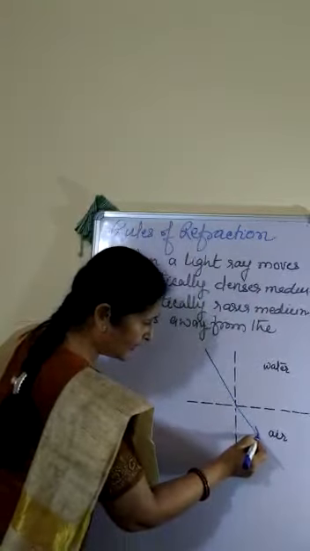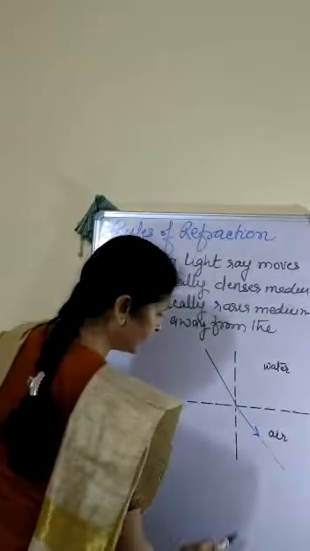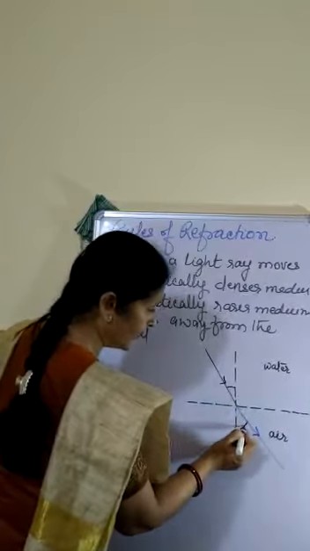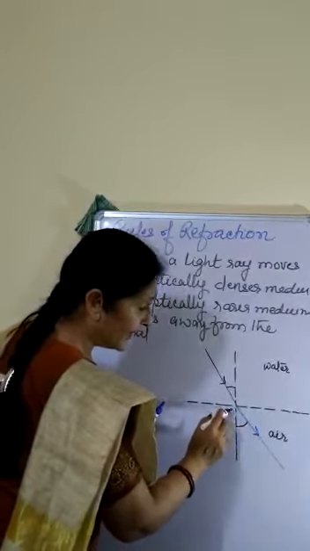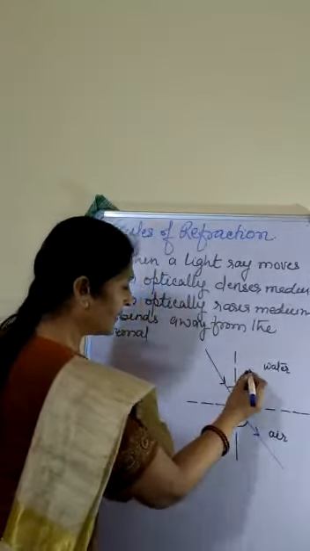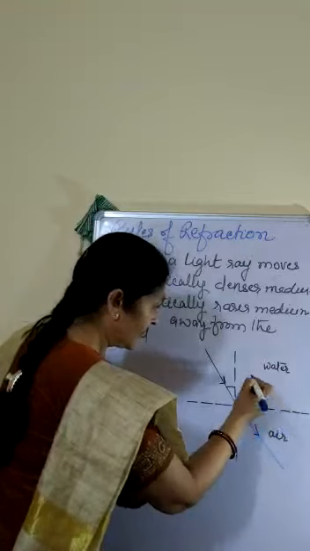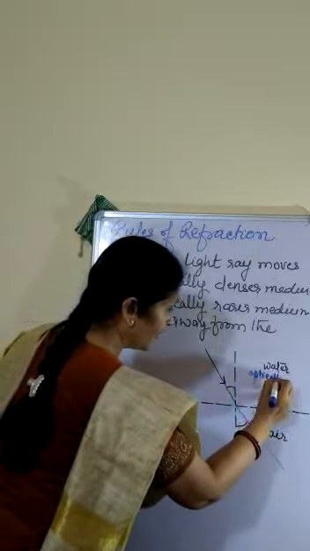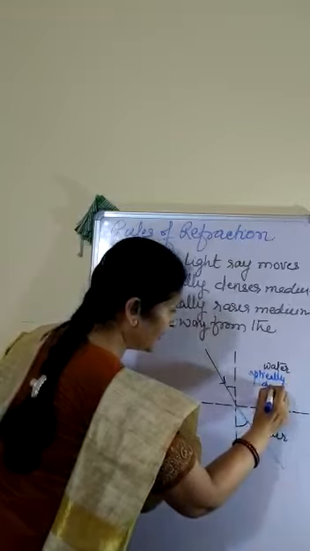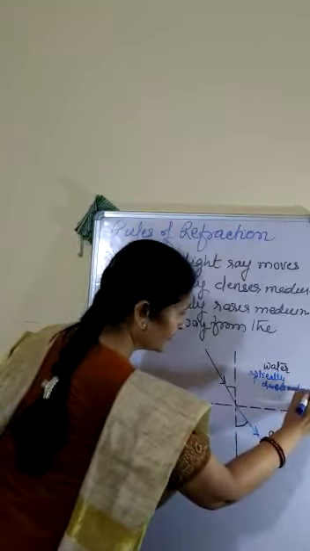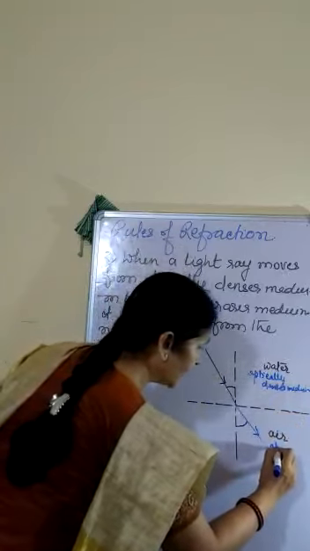This is the refracted ray. And this is the incident ray. This is the angle of incidence. This is the angle of refraction. This ray moved away from the normal. You can write here optically denser medium. And here optically rarer medium.